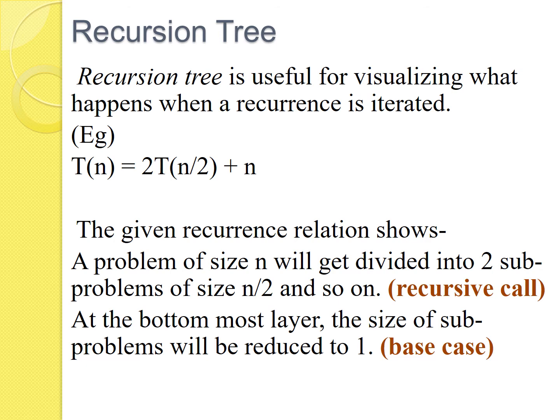This represents the recursive call in the nonlinear recursive algorithm. The base case, which will be represented as the bottommost layer in the recursion tree, has the size of the subproblem reduced to 1.